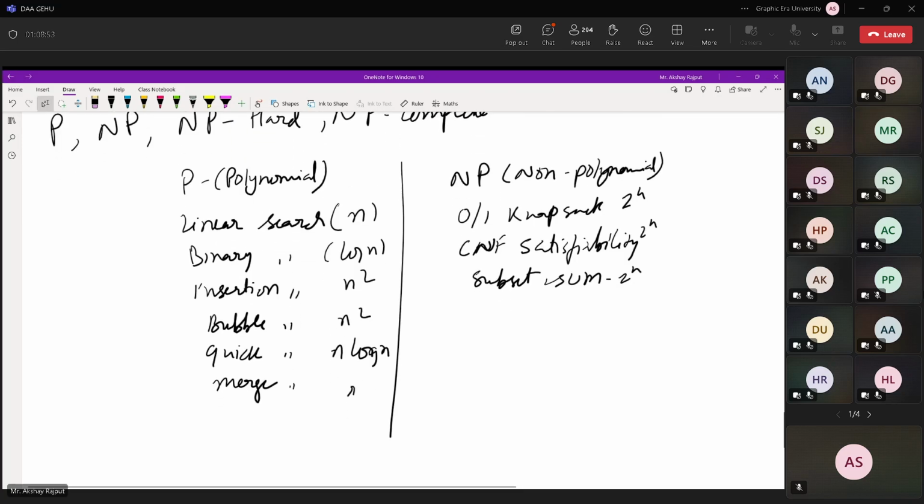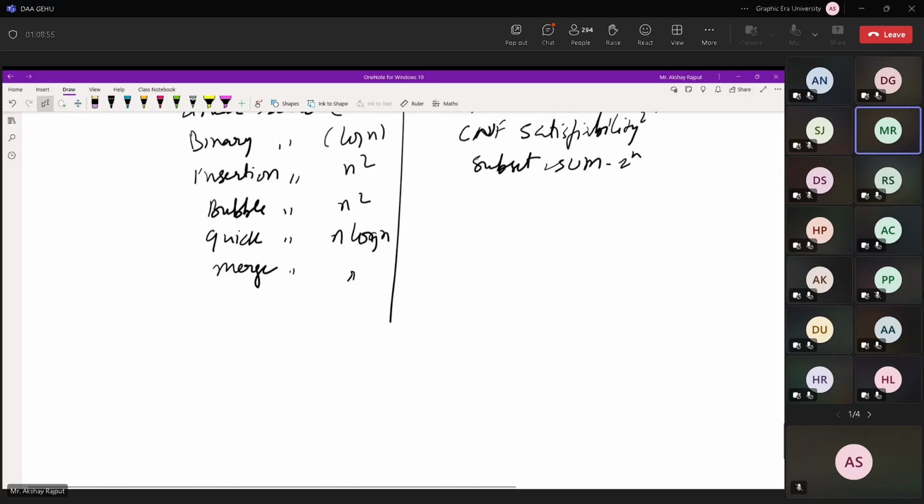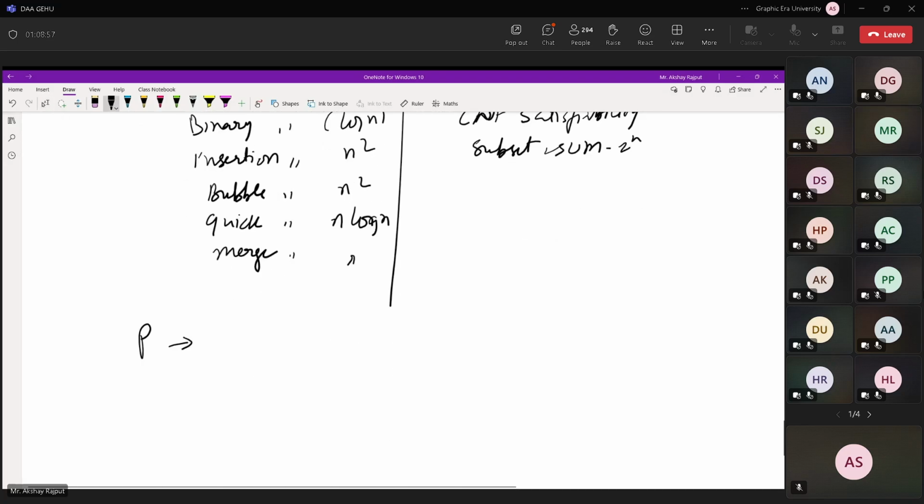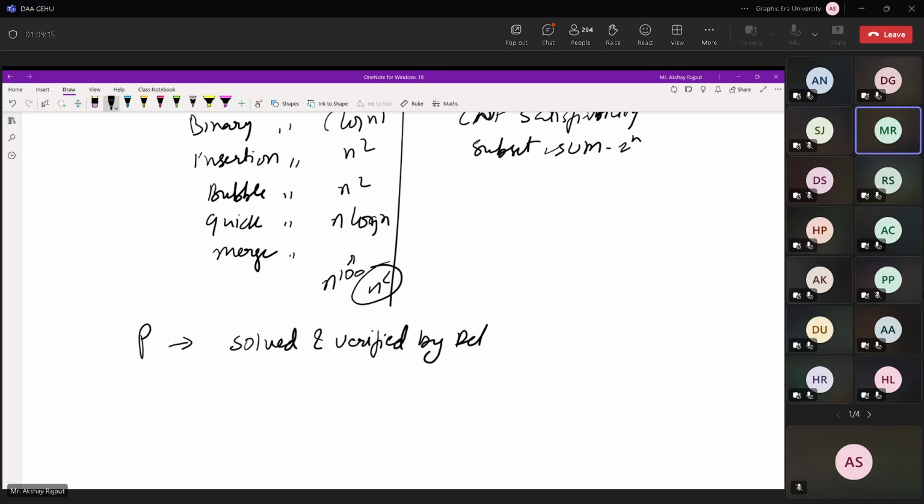So now what are P problems? P problems are those problems which can be solved even if it is n to the power 100. n to the power anything, n to the power constant, is polynomial. P problems are those problems which can be solved and verified by a deterministic algorithm in polynomial time.